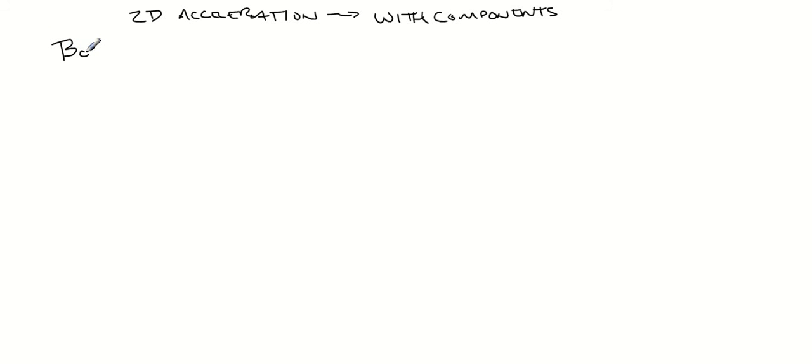Okay, so let's assume that we have a problem that's something like this. There's a boat, and this boat has a first initial velocity, which is equal to 6.4 meters per second, and that is traveling west 35 degrees north.